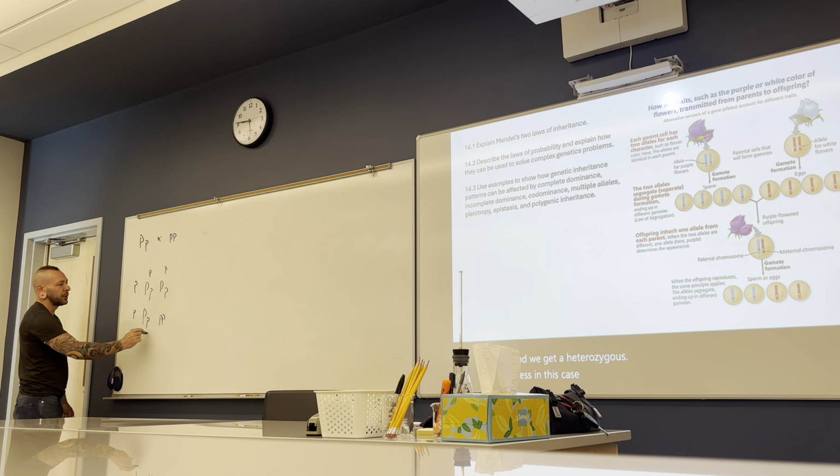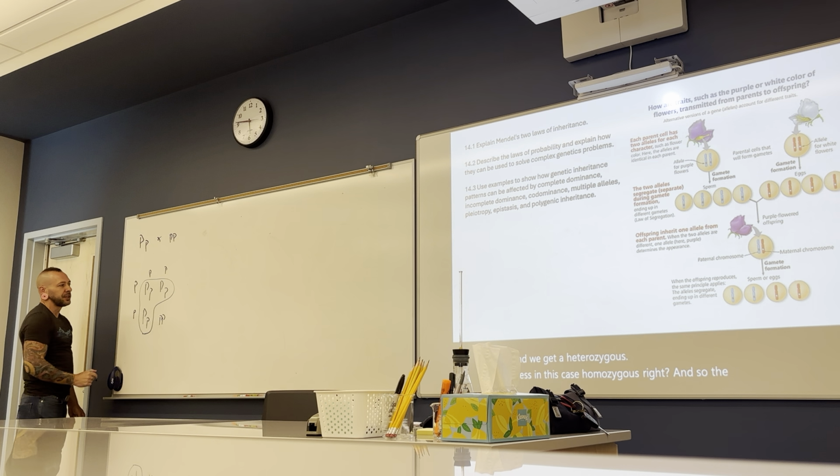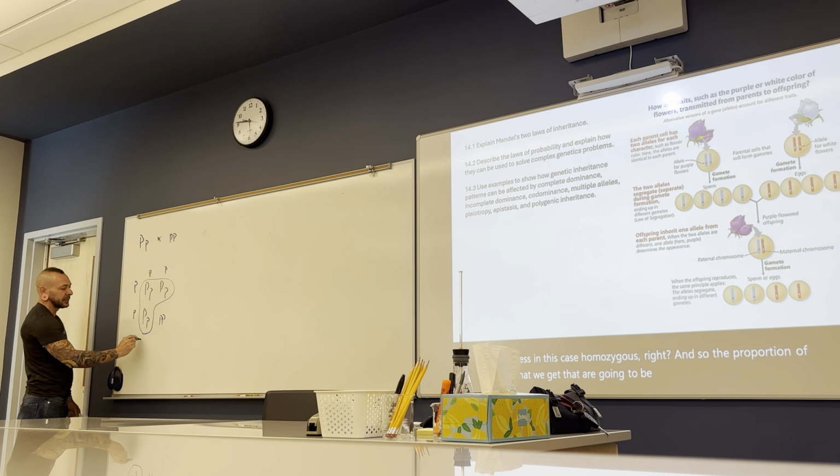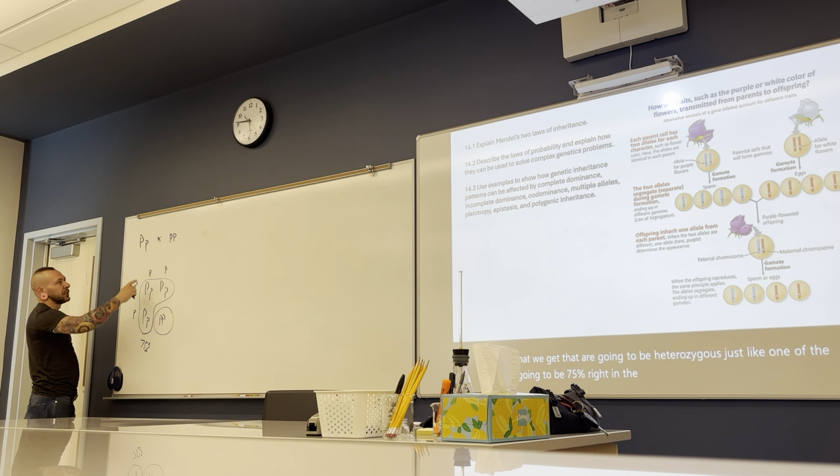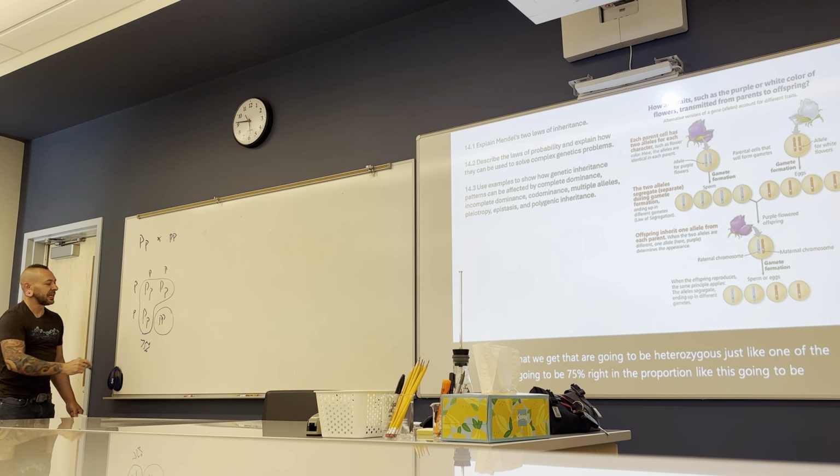And so the proportion of offspring that are going to be heterozygous, just like one of the parents, is going to be 75%, and the proportion that's going to be homozygous recessive is 25%.